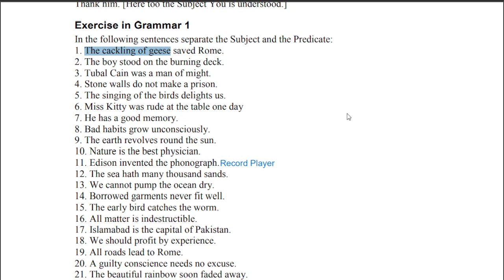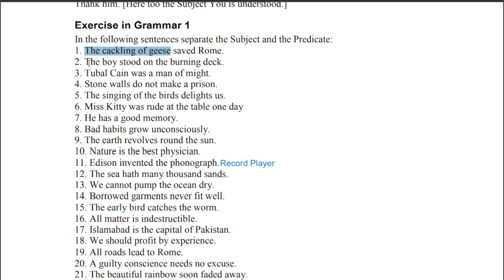So it is the subject. And then the speaker said something about the cackling of the geese, and what he said is indicated by "saved Rome." So saved Rome is the predicate of this sentence.